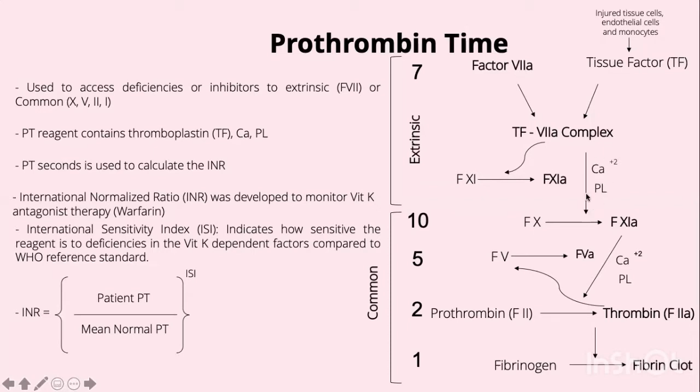The common pathway will start with inactive factor 10, which will be activated to factor 10 active, and with the usage of active factor 5, calcium, and phospholipids, prothrombin, which is factor 2 in the inactive form, will be activated into active factor 2, which is thrombin. Thrombin in turn will convert factor 1, fibrinogen, to fibrin clot.